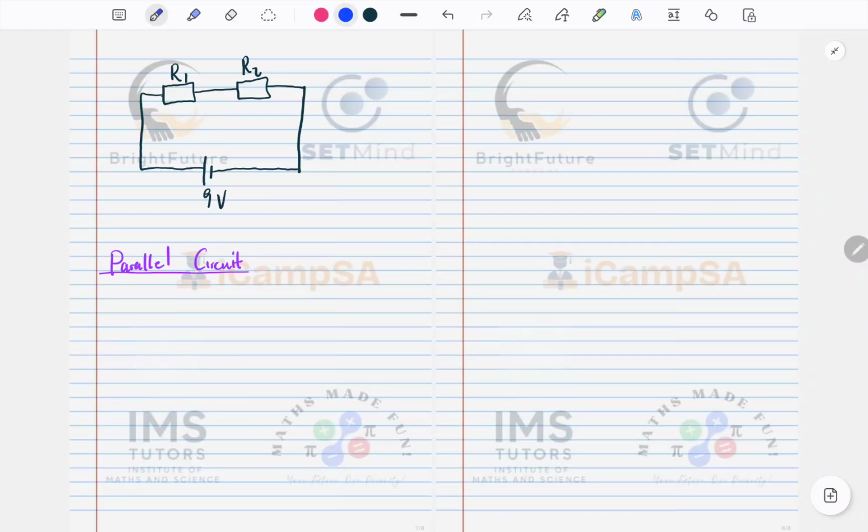So what is parallel? We have something like this, my boxes, but this time I won't make them as nice, so I'll just write like this. Okay, so let me connect all these boxes here.